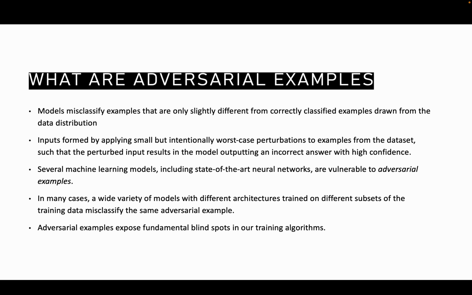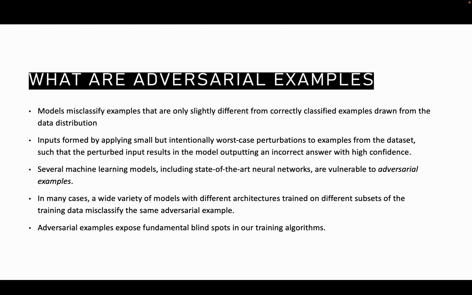For example, if I have trained one model and my friend who lives in a different place uses a similar dataset or a subset of the dataset, but he used a completely different architecture and I use a completely different architecture, still we both misclassify that adversarial example. We're going to see more about this in the next slides.